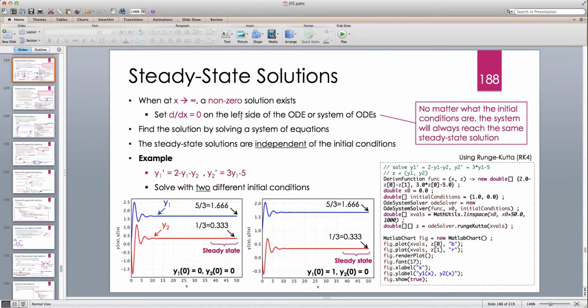Okay, now if our variable is x, we want to see what happens when x goes to infinity. And if the variable is time, which is basically where the name steady state comes from, when t goes to infinity, or after a very long period of time, what happens to the solutions?